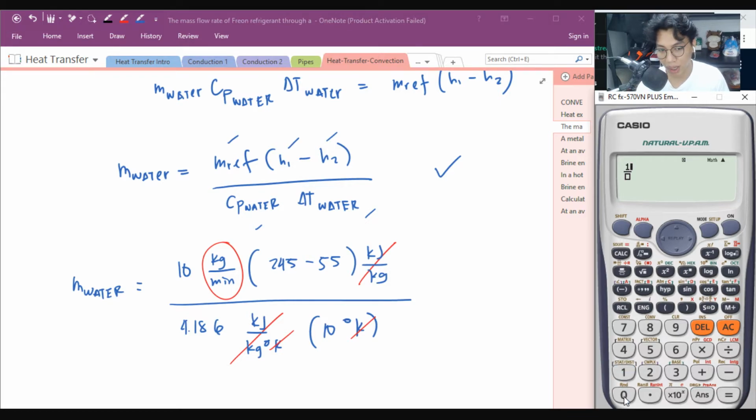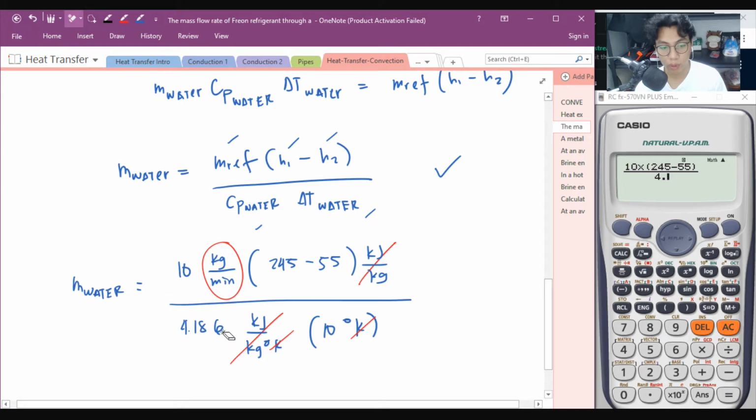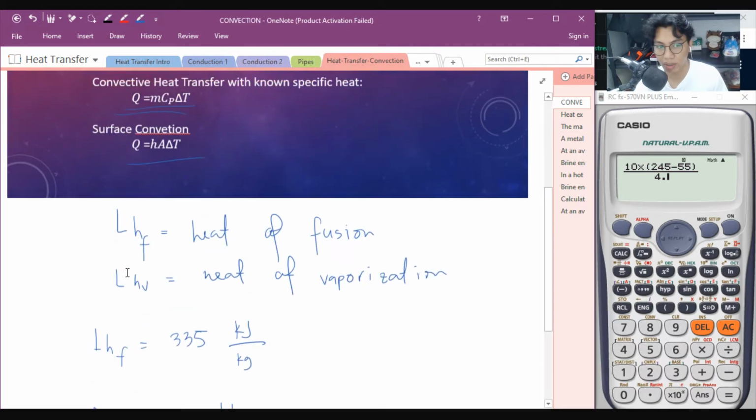So, let's get back. 10 times 245 minus 55. I think that is 190. 245 minus 55. 190 yan. 4.186 or 187. Kung komportable kayo, 4.187, okay na yun. Sir, 4.187 para tayo pare-parehas. Okay? Huwag na tayo 4.186. Yung iba kasi, meron pang kadugtong. 4.187, pwede na yan. Pero pag i-check nyo, nandito yan, yung value niyan.